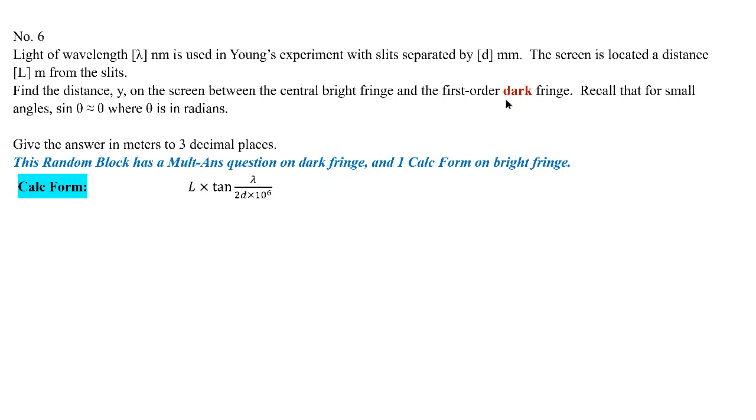When we did it in the class, I don't remember, did we do dark fringe or did we do bright fringe? I think we did bright fringe, but it's no big deal. On Blackboard it also had a color here to emphasize that the question is not bright but dark.